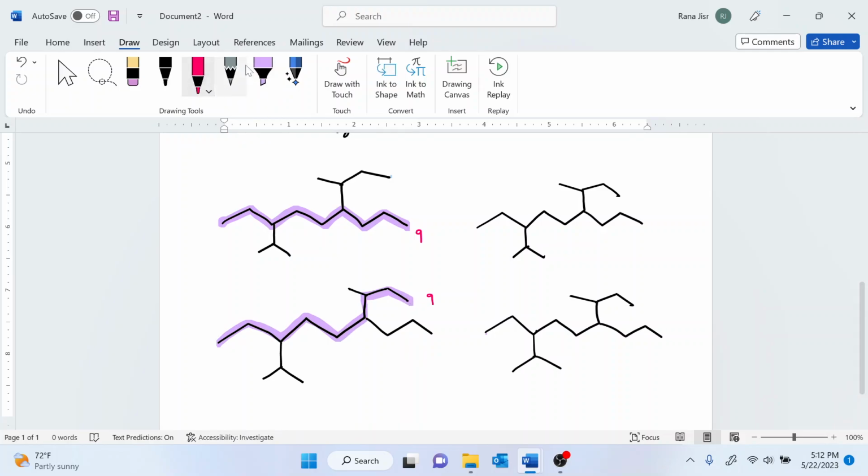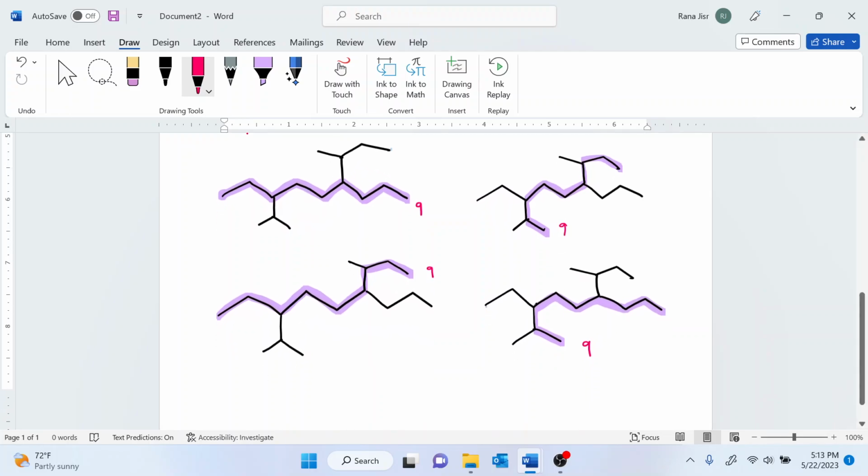If I go this way, then it's going to be 1 through 9. So I have again 9 carbons this way. And if I start from here, that is going to be 1, 2, 3, 4, 7, 8, and 9. See how many routes give me the same number of carbons? So which one do I choose?